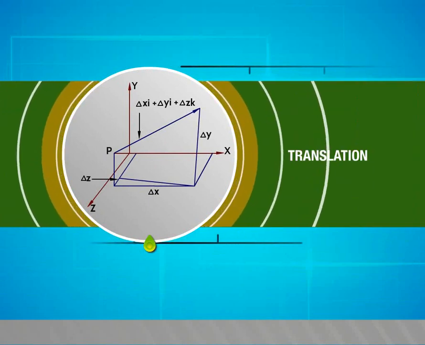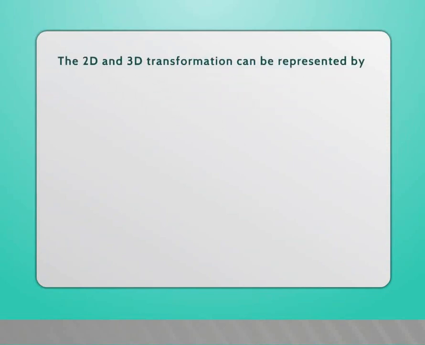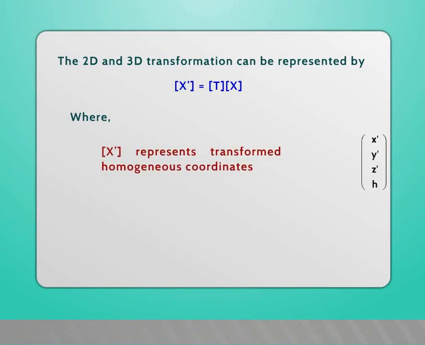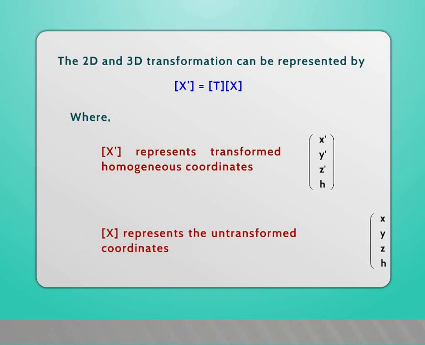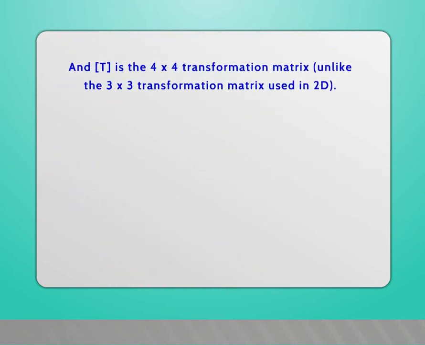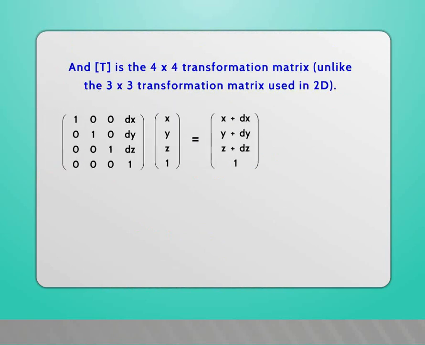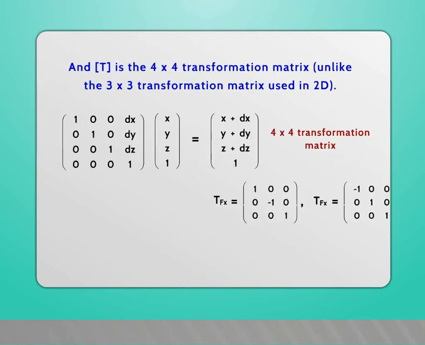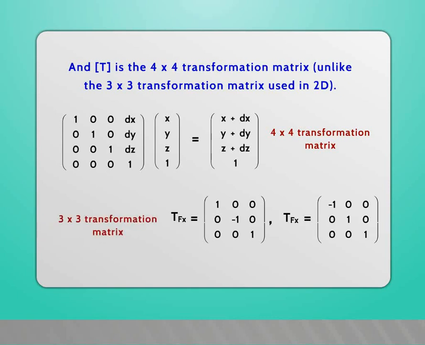Translation. In this video, we are going to see about translation. The 2D and 3D transformation can be represented by X dash is equal to T into X, where X dash represents transformed homogeneous coordinates, X represents the untransformed coordinates, and T is the 4 cross 4 transformation matrix, unlike the 3 cross 3 transformation matrix used in 2D.